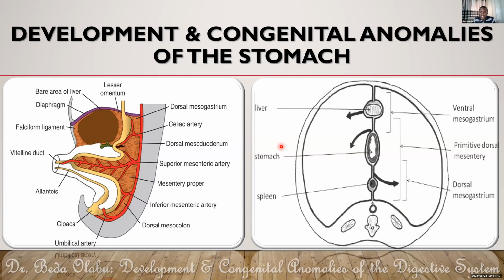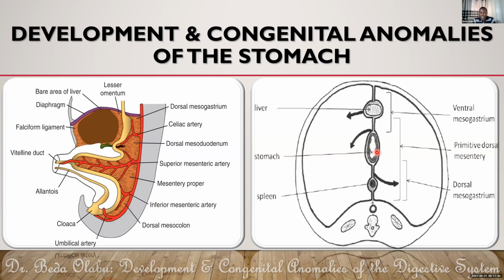In this cross-sectional image, trying to show you more details, we are looking at this from the feet of the patient. The mesentery in front is the ventral mesogastrium. The mesentery behind is the dorsal mesogastrium.